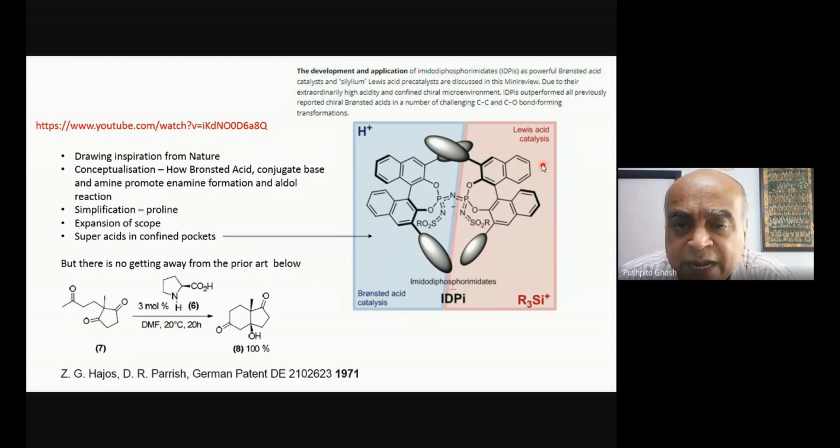Okay, that he was able to move into what I will say is mimicking enzymes, in a way that there are certain pockets in enzymes where you could have, for example, extremely high acidity without exposing the rest of the environment to a high acid.